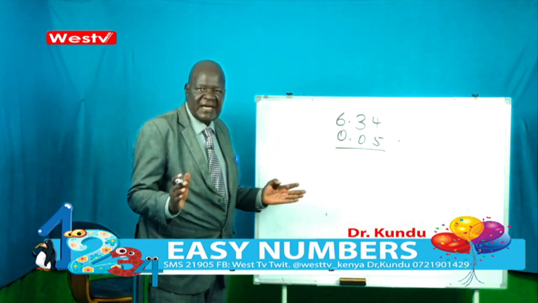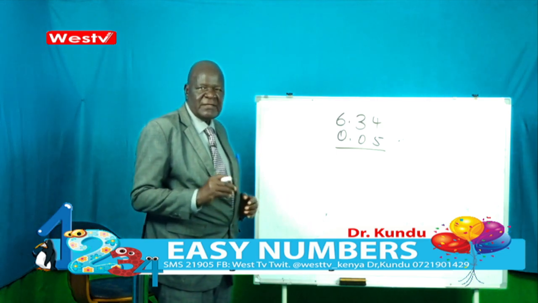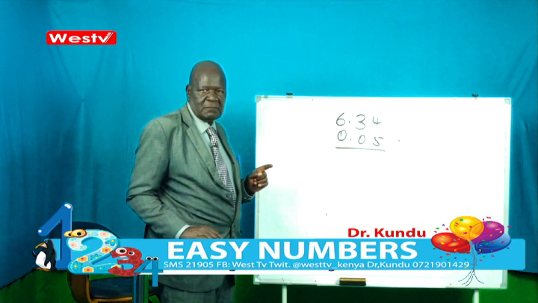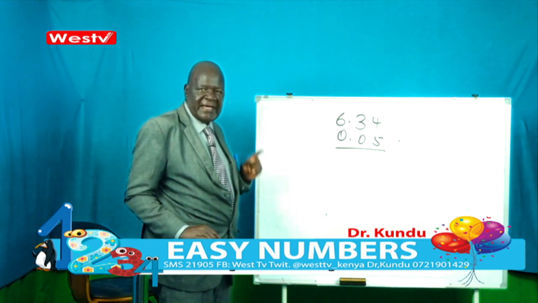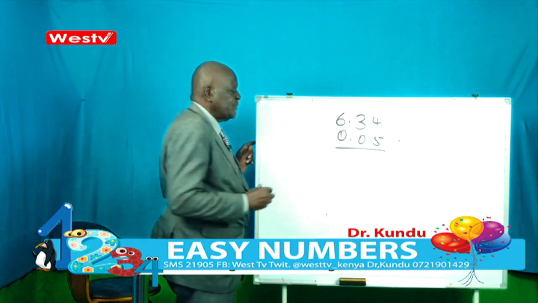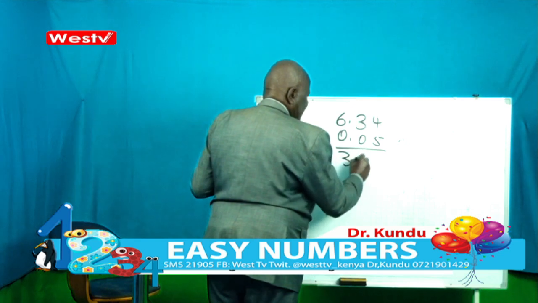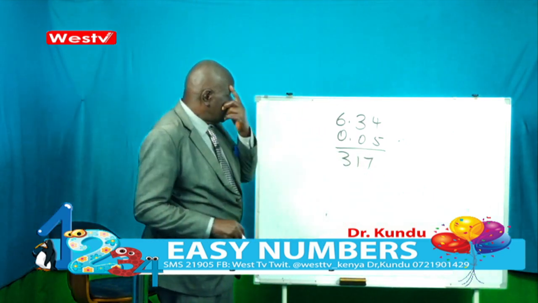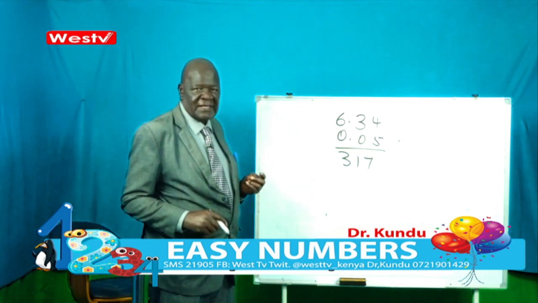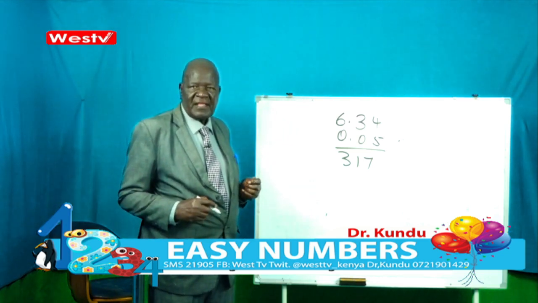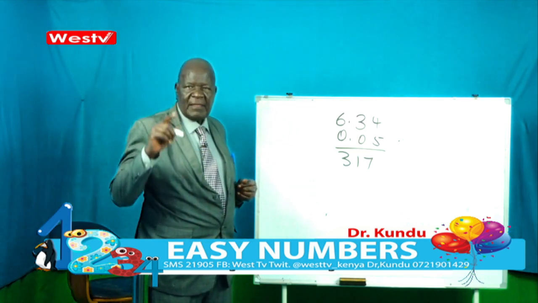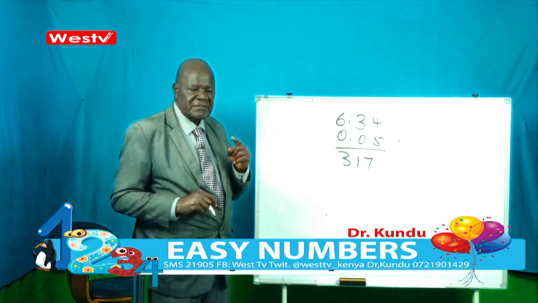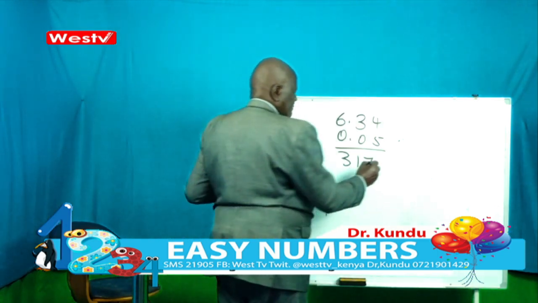What do I do? I set aside the decimals and deal only with 634 times 5, where I take half of 634 to be 317. So once it is 317 as half, then the 5 I'm using is only one digit. So I put 10 here.